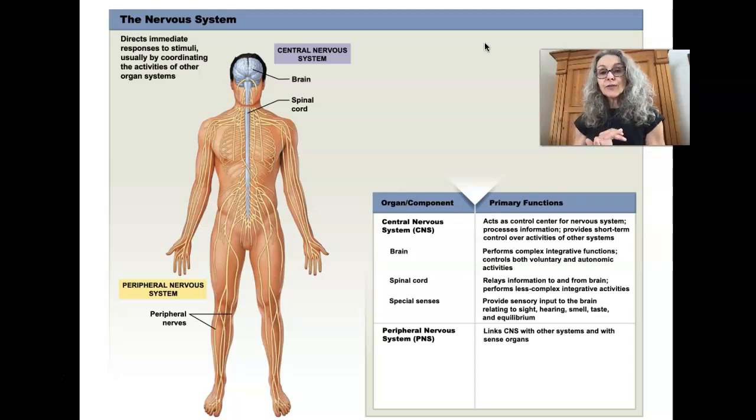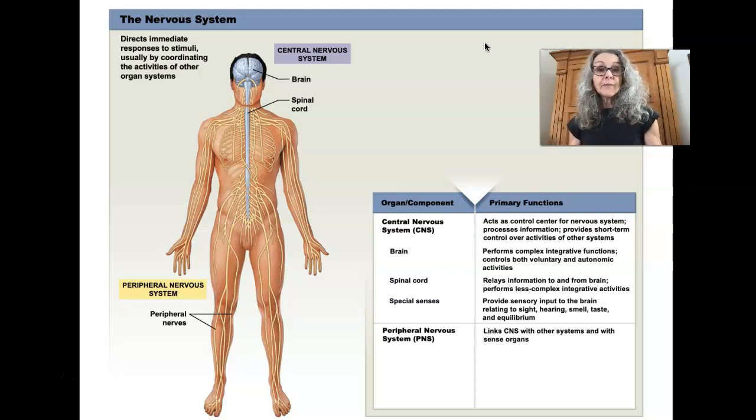So you have the central nervous system, which is the brain and spinal cord. You have the peripheral nervous system, which consists of all of the nerves that reach out to the extremities, the peripheral nerves, and also the peripheral nervous system consists of the autonomic nervous system, which is responsible for your automatic responses.